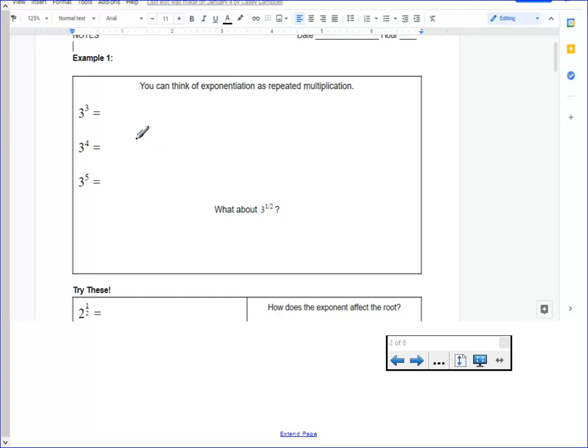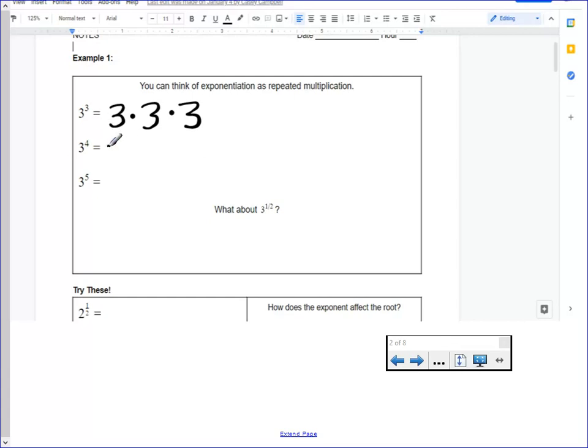So on example 1, it says you can think of an exponential as a repeated multiplication. So when it says 3 to the 3rd power, that's the same thing as taking 3 times 3 times 3. So it's just repeated multiplication.